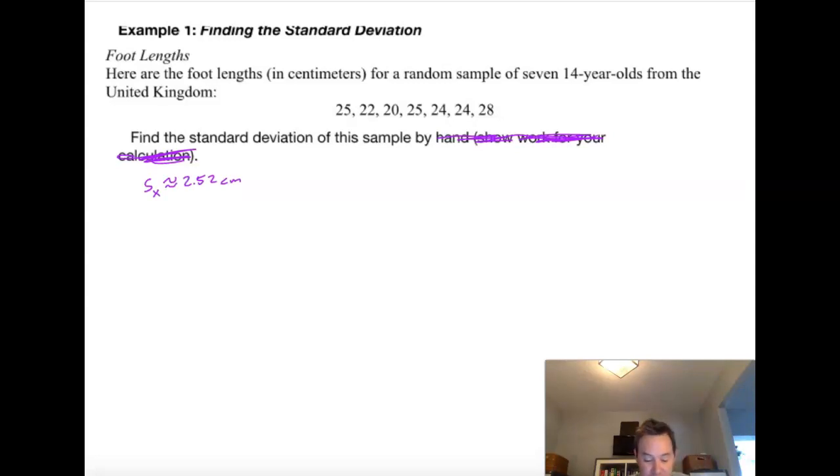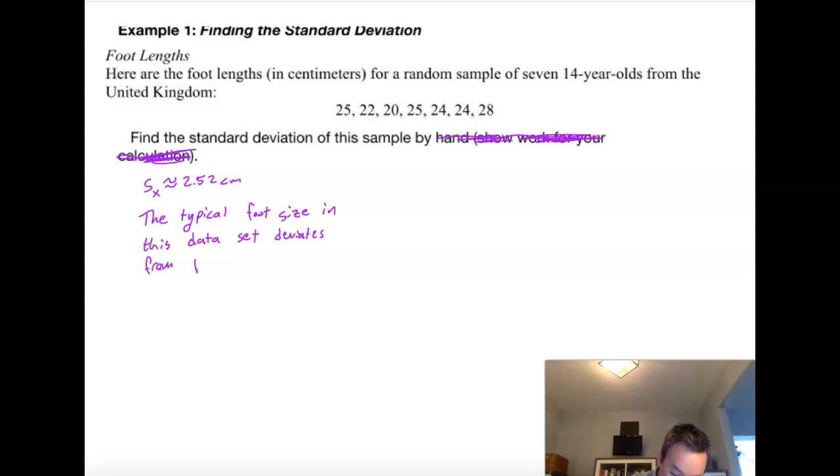My interpretation would be that the typical foot size in this data set deviates from the mean by about 2.52 centimeters.